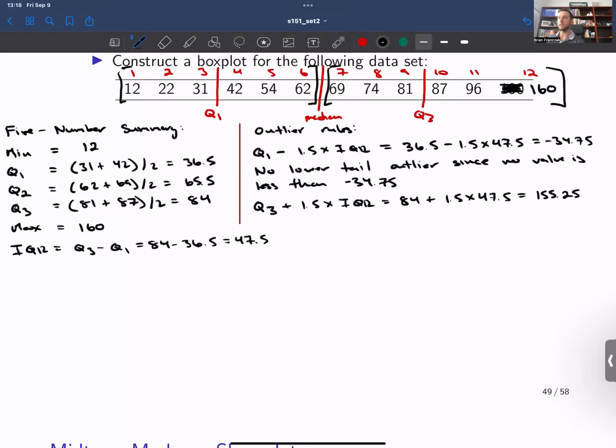Right. Now we can see that our maximum value 160 is greater than 155.25. That means that we will flag the maximum value as an outlier.